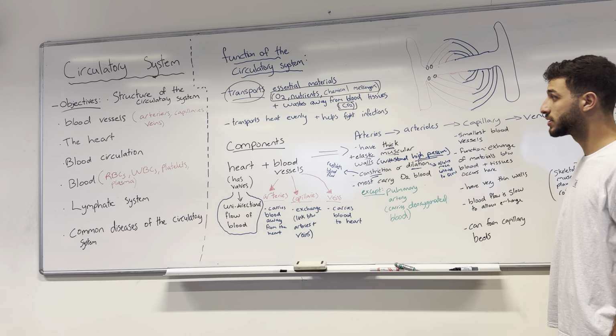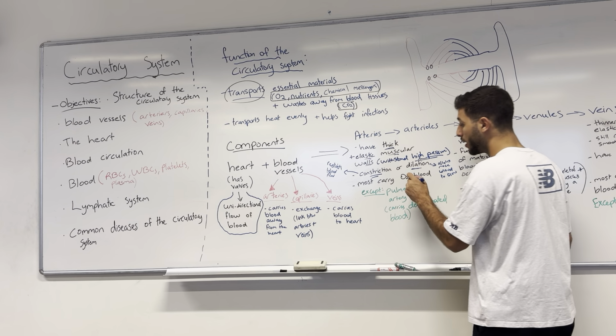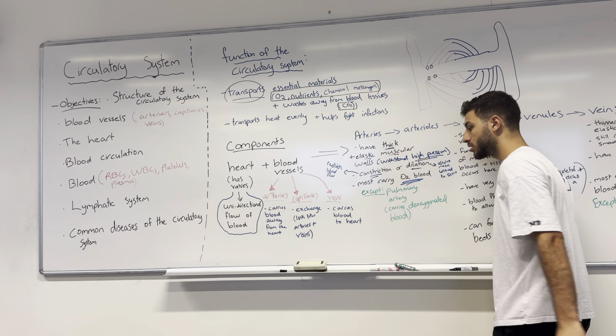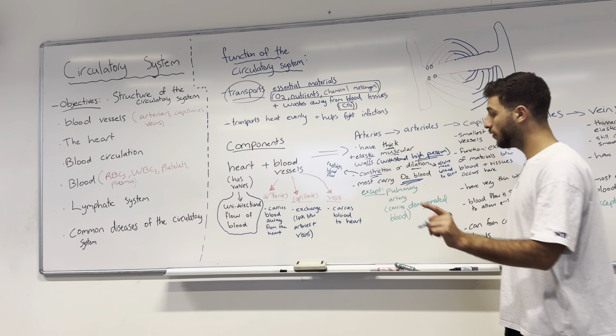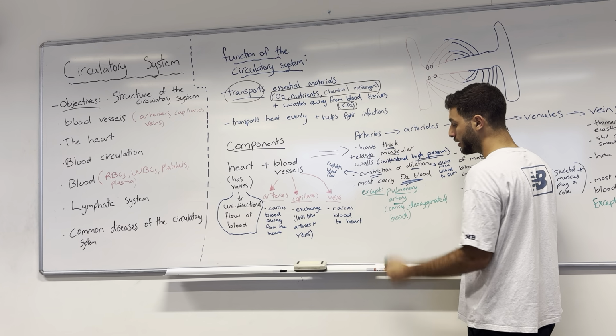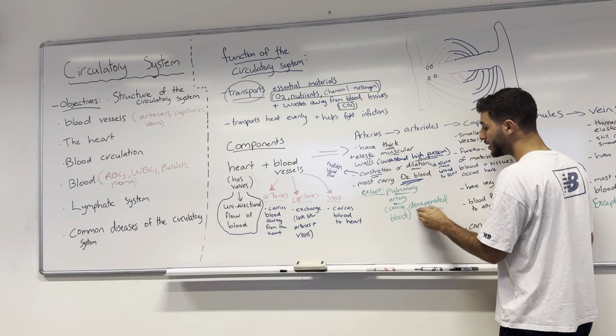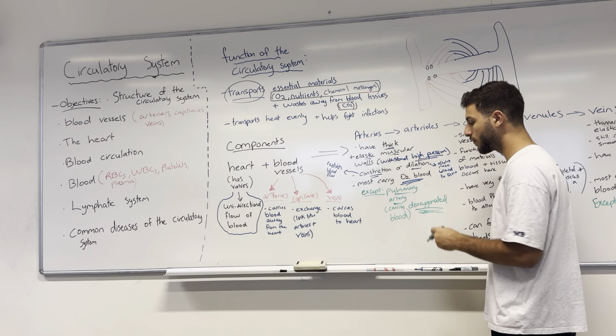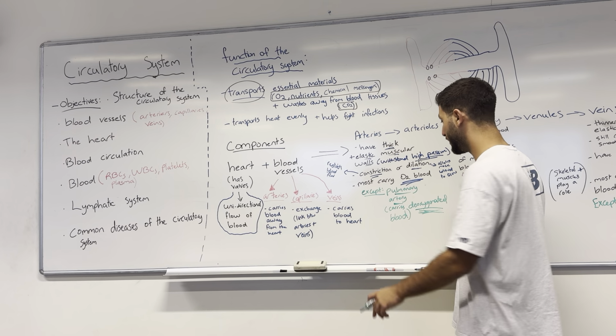Now, what do arteries carry? Most of them carry oxygenated blood, so blood rich in oxygen. However, there's one exception, which is the pulmonary artery, which carries deoxygenated blood, so it has a low concentration of oxygen.